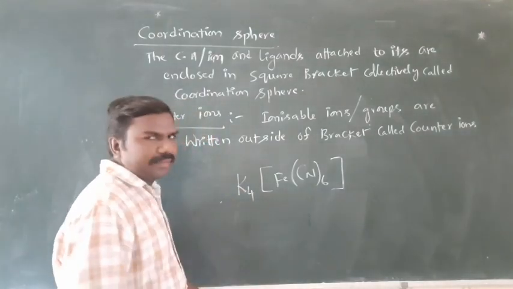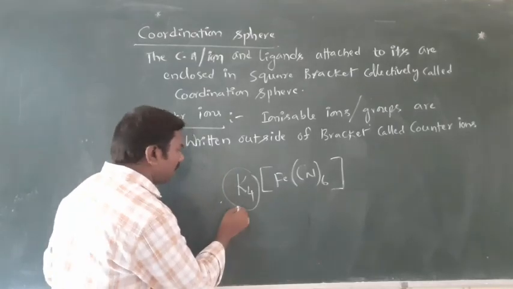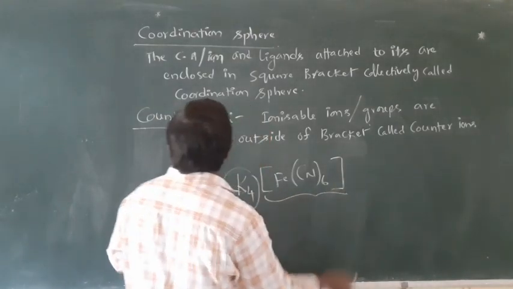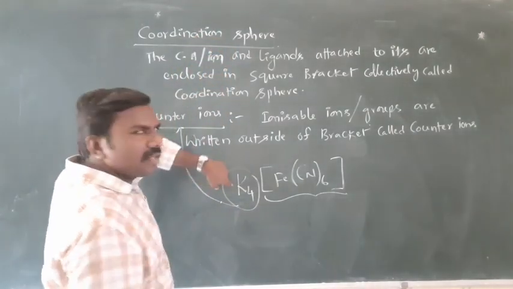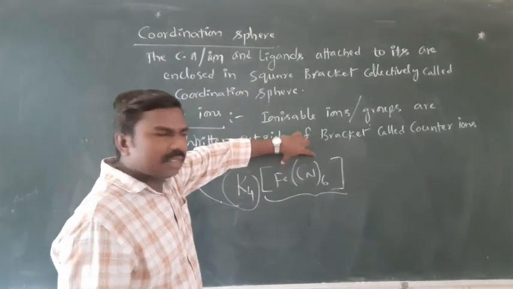So these are the cations. Here the 4 K+ ions are counterions, and this is the coordination sphere. The square bracket is the coordination sphere.